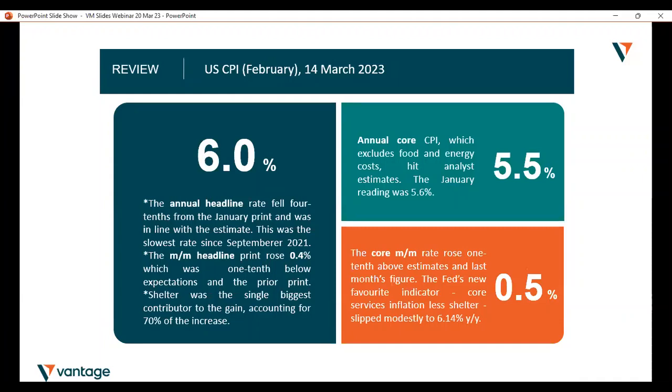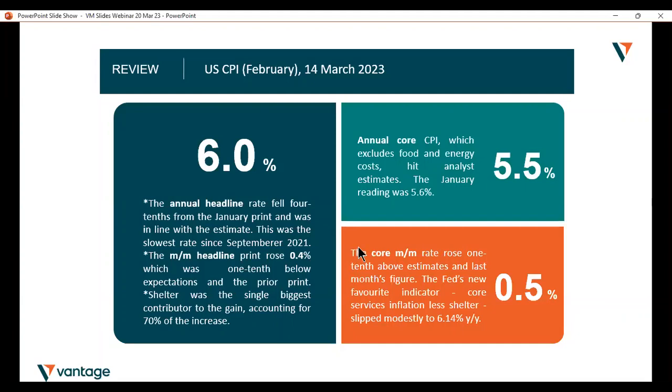Energy and core goods CPI came out below expectations, but as the labor market remains tight, services remain the key focus for monetary policy going forward. Of course, a lot may be impacted by the last few weeks' events, but at the moment, prices are still very, very sticky and very elevated.